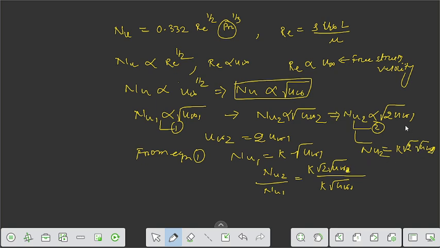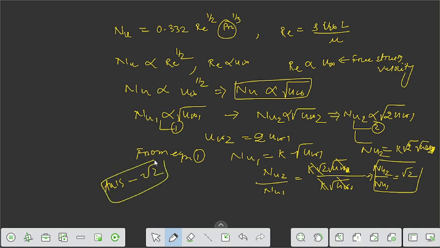As u infinity 2 is equal to 2 times u infinity 1, the u infinity 1 cancels, k cancels, so Nusselt number 2 divided by Nusselt number 1 is equal to root 2. Answer is root 2.